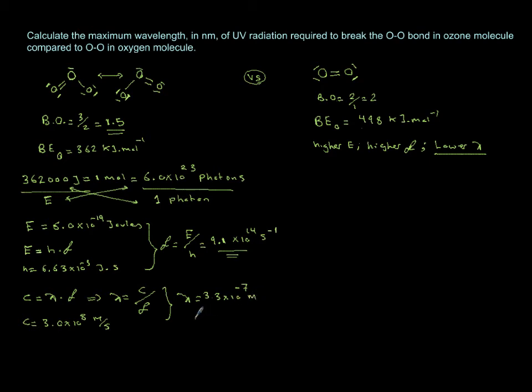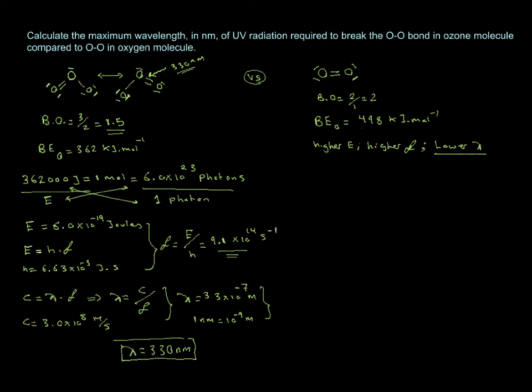Now remember, 1 nanometer is equal to 10 to minus 9 meters. So after this, we convert it into nanometers, which is about 330 nanometers. So this is the wavelength of a photon that you need in order to break one of these bonds. So you need about 330 nanometers, which is UVB. That's the amount of energy they usually carry.